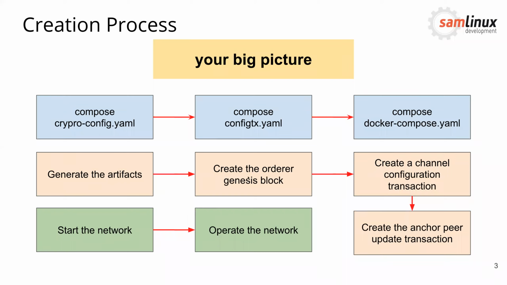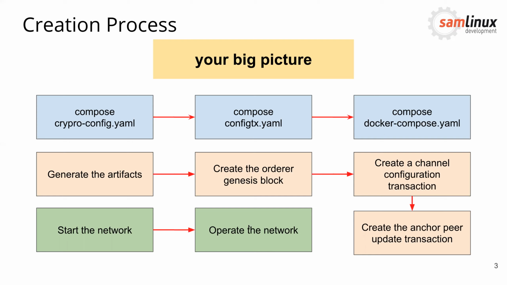So this is the first step, so that we can generate the artifacts. The second step is we have to create a Genesis block for the orderer. So that's another task we have to do. And then we have to create the channel configuration for our channels. Not needed now in this example for a single organization, we would have to create an update transaction for the anchor peer. But we have only one organization, so we don't have a second organization and we don't need this, but it is here to be complete, so that we will have all steps complete.